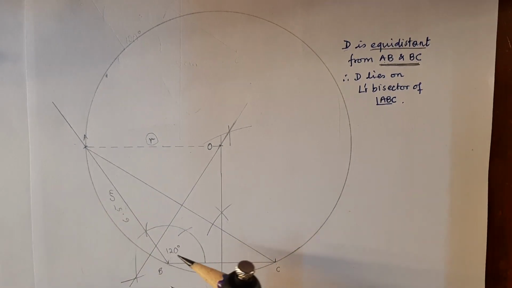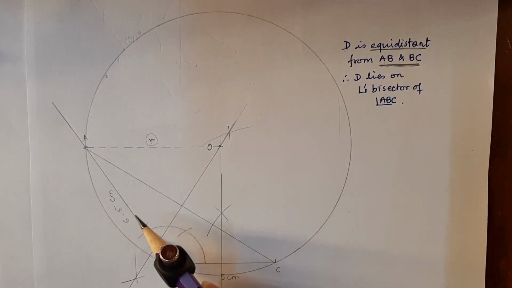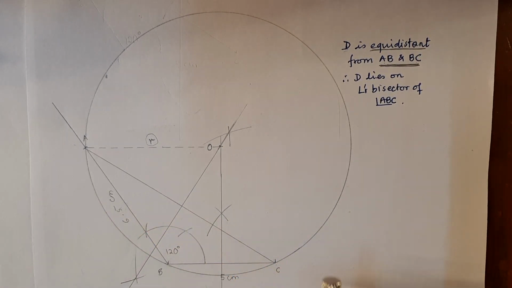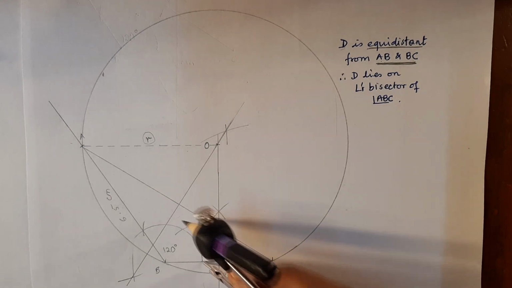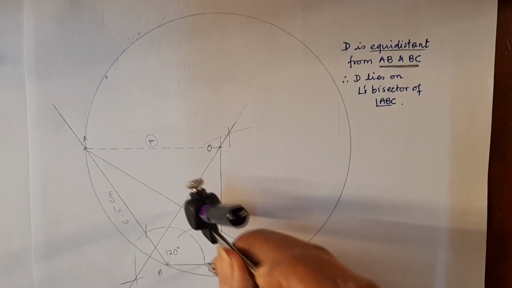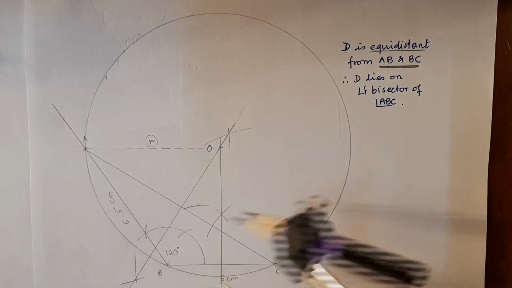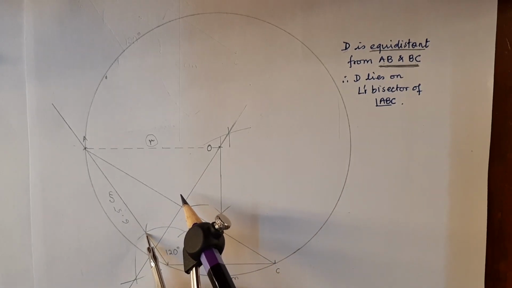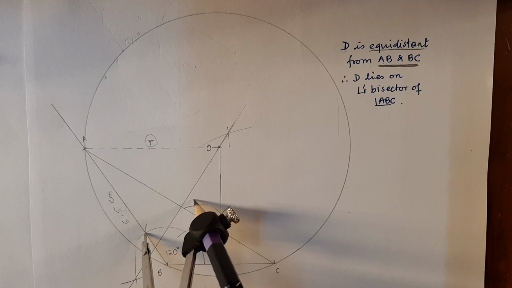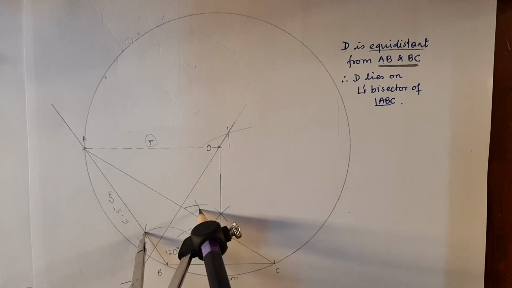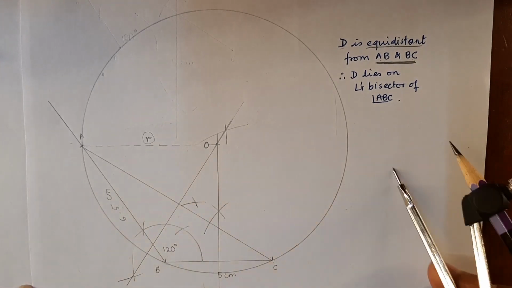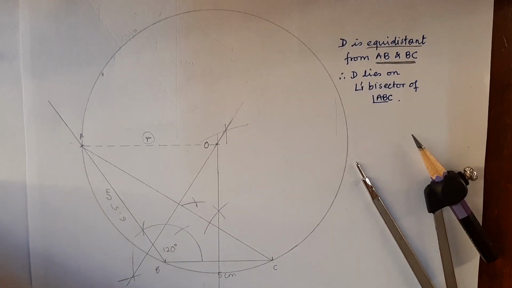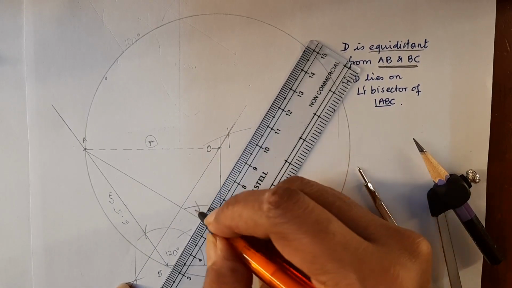So now we already have the angle 120. This arc is already there for us. So we will take the radius more than half and we will draw the arcs which will intersect each other like so. And now we will take point B and this point of intersection.